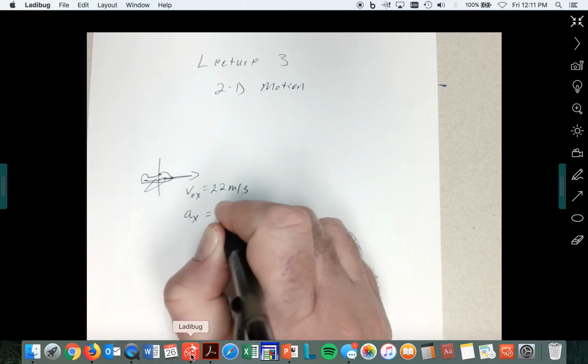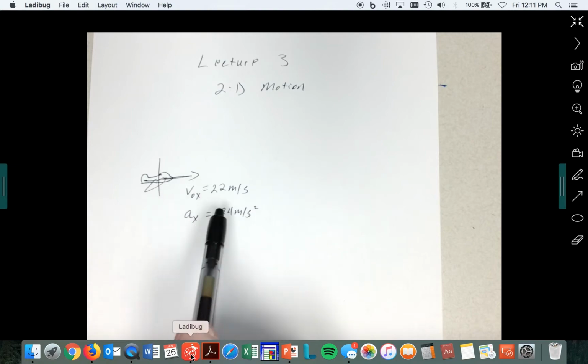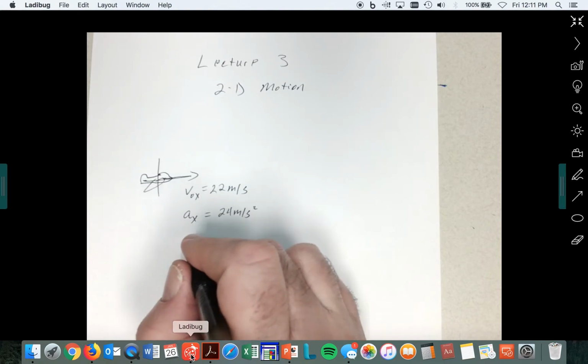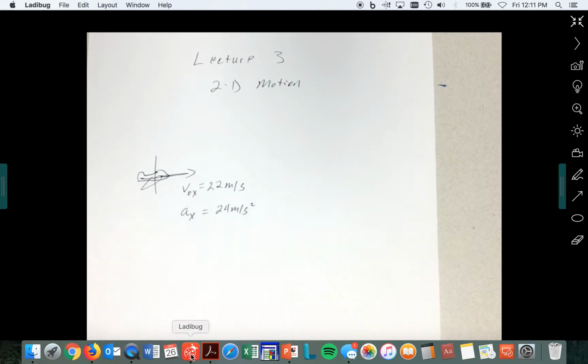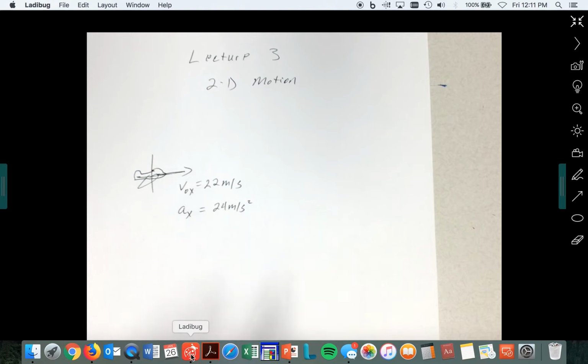Acceleration in the x direction, 24 meters per second squared. So it's going 22 meters per second now. Little quiz. When t equals 1 second later, how fast is it going to be going in the x direction? If it's accelerated, this means we're adding 24 meters per second every second. So it'll be going 46 meters per second. I'll always throw a little quiz at you like that.